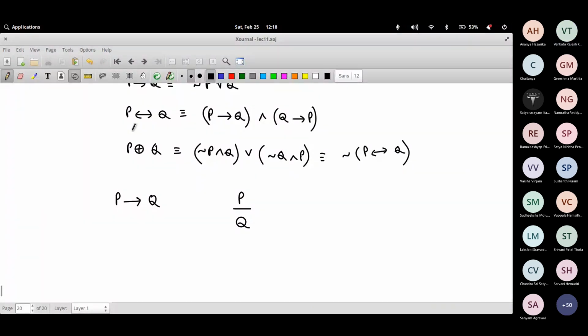So both are not the same. This is called implication, whereas this is called inference, and both are not the same.